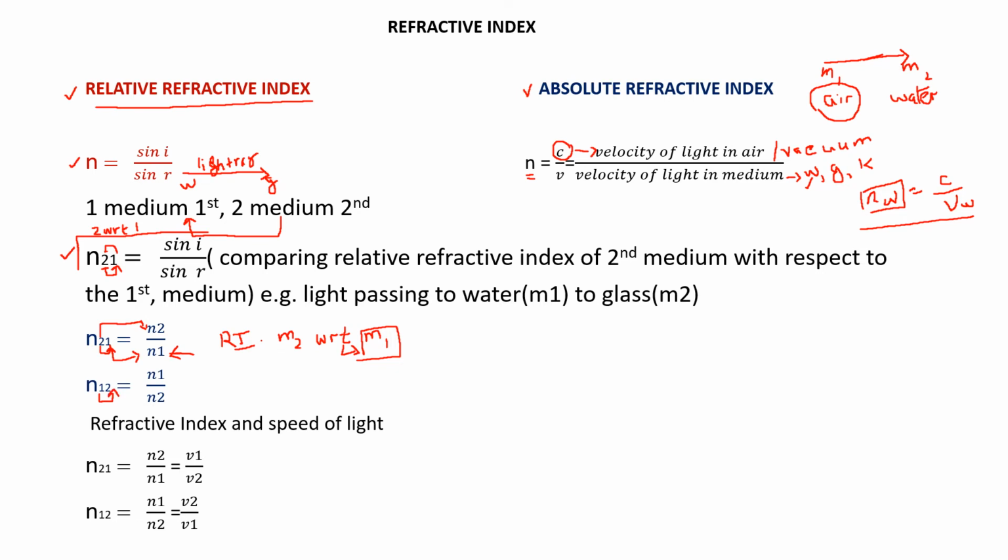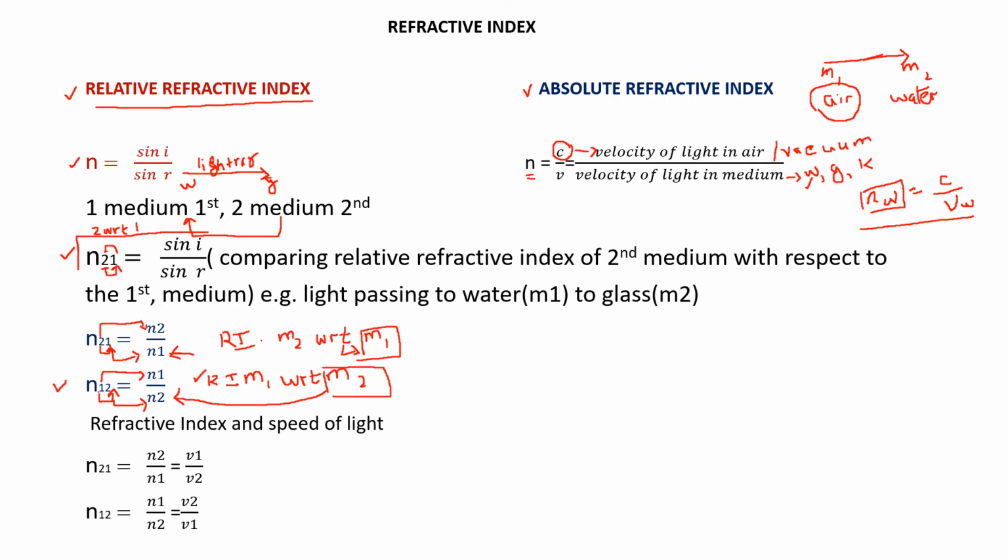When I write refractive index of medium 1, I have written 1 first, so it will go at the numerator, and 2 next, so it will go to the denominator. After 'with respect to' I said medium 2, so definitely medium 2 will go at the denominator. So these are the two points which you can keep in your mind.